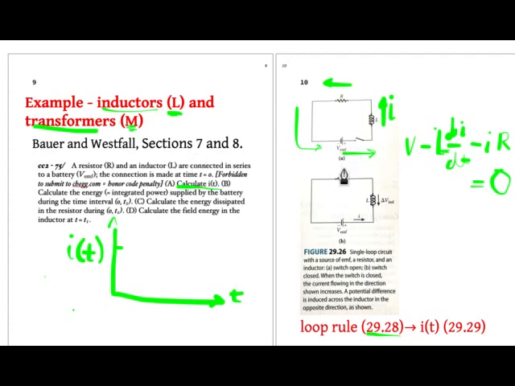And after a long time, there'll be a constant current. So the self-inductance, or the back EMF, will be 0.